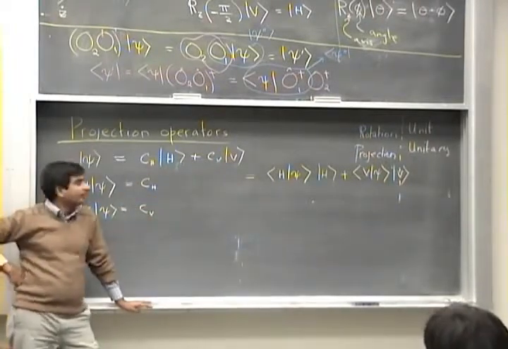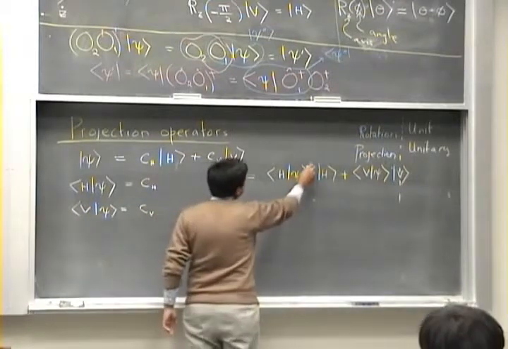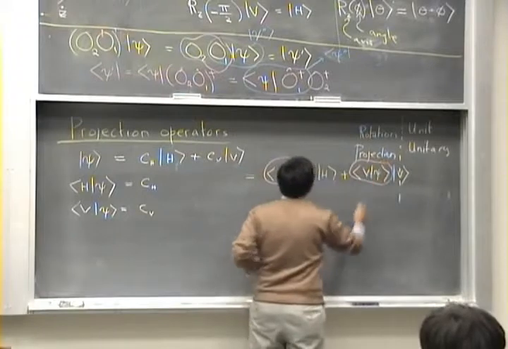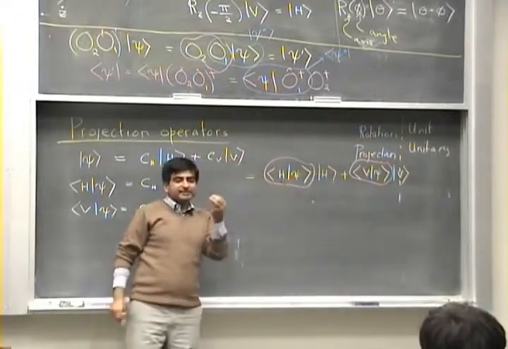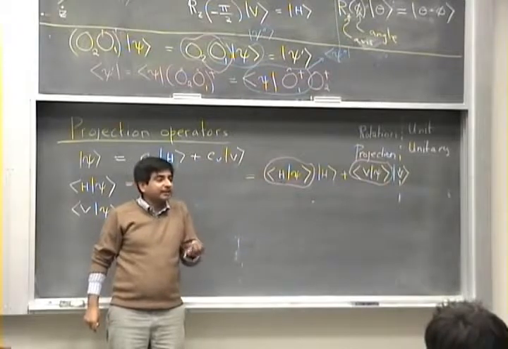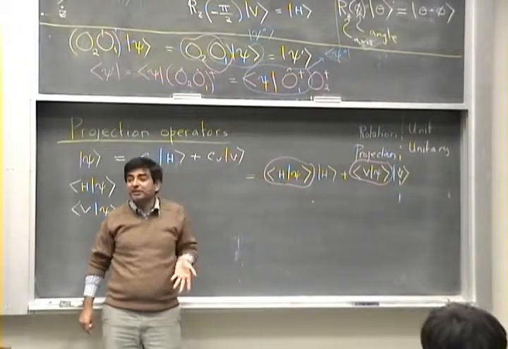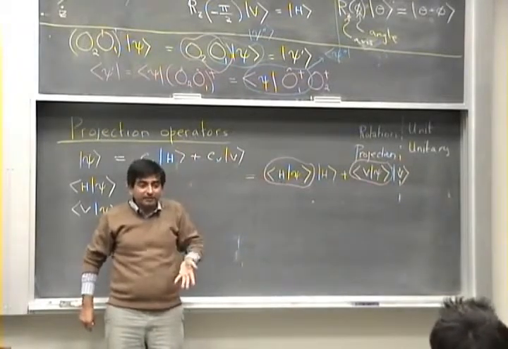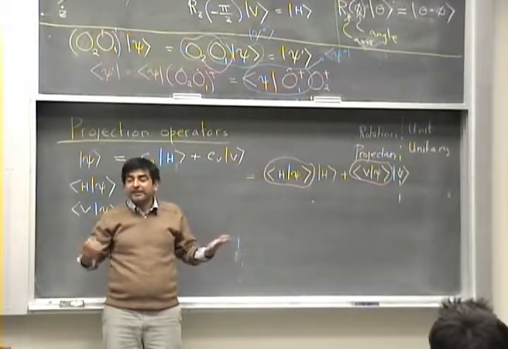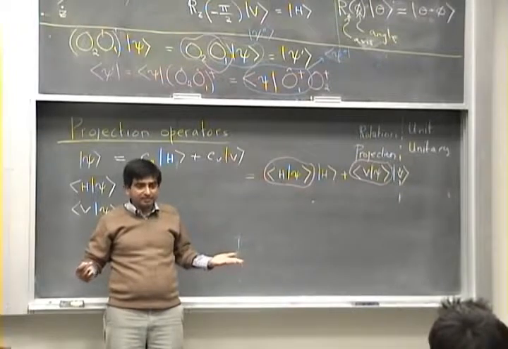Now this object is an inner product. Is this object a scalar or a ket or a bra? It's a scalar. It's a number, like 1, 2, 3, iota, minus iota, 1 over root 2, 3 over root 3 iota. So it's a number. It's dimensionless.